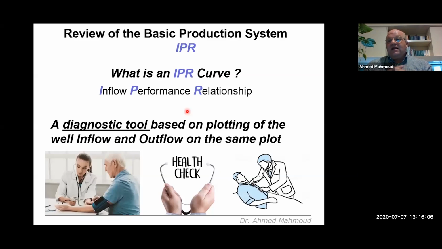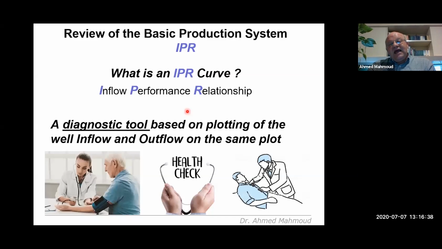They check your blood pressure, they can do some other tests. It's a health check. And in petroleum engineering, and specifically in production engineering, we use the IPR curve as the diagnostic tool that will tell me if the well is flowing well, not flowing well, if there are improvements I can do to production, or if currently this is the best condition for the well.